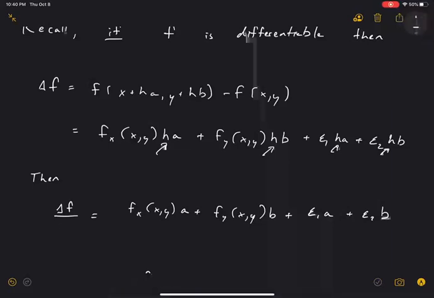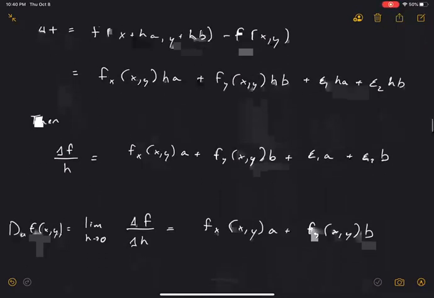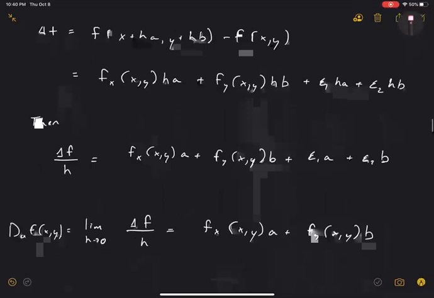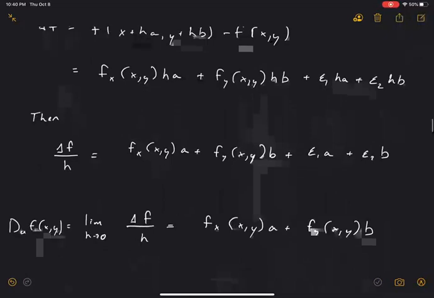Or this should be delta h, this should be just h. Okay. So if I divide by h, my h's should cancel out, and I should be left with this, right?